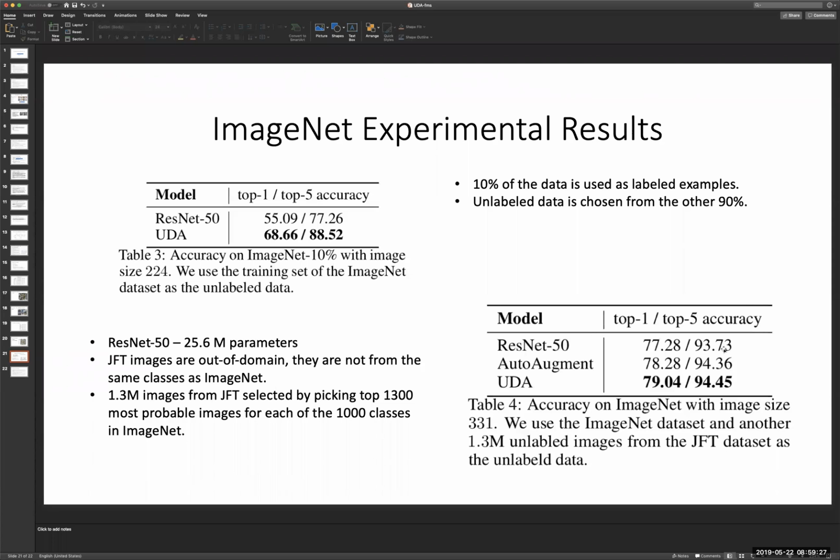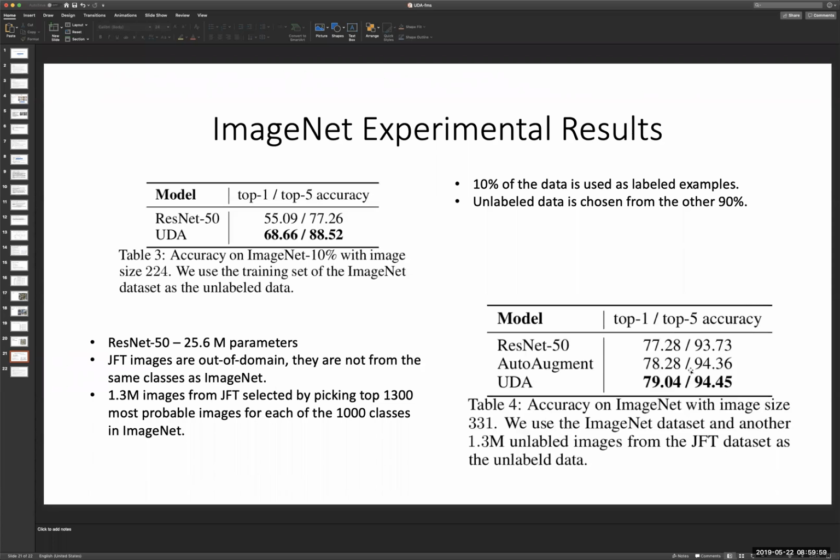So here are the performance numbers. ResNet 50 has a top 1 accuracy of 71%, and the top 5, which is typically another way that ImageNet is scored, 93.73%. So AutoAugment, that's a baseline. It has an improvement of 1%, and maybe a small 0.5% improvement here.